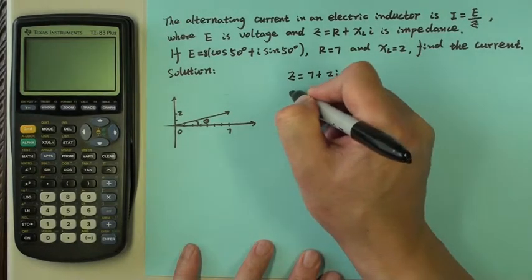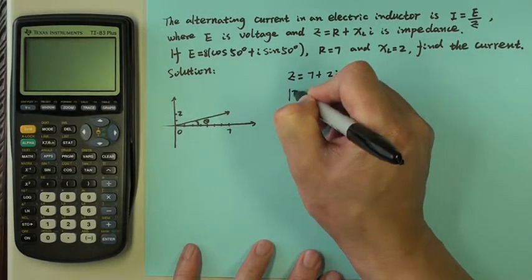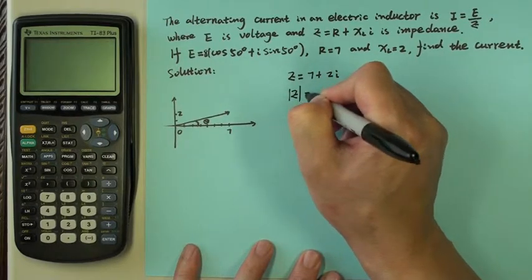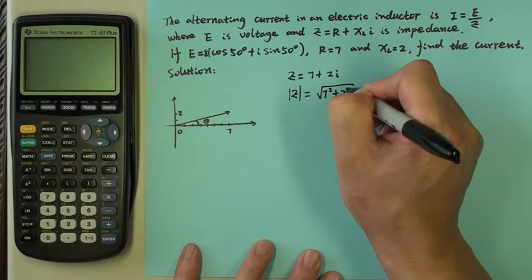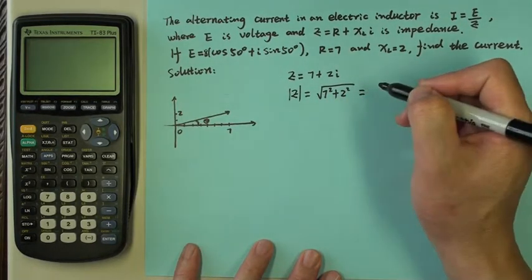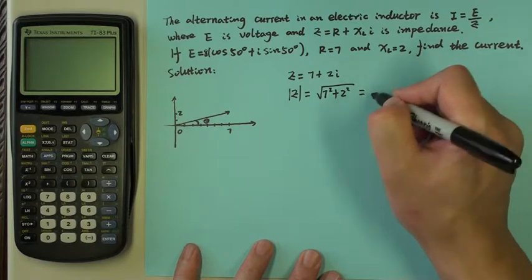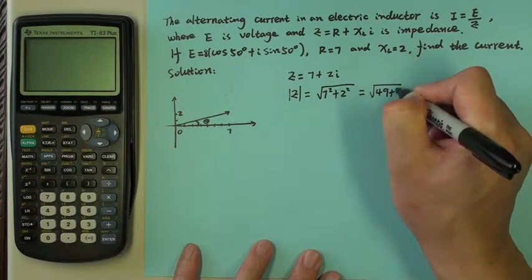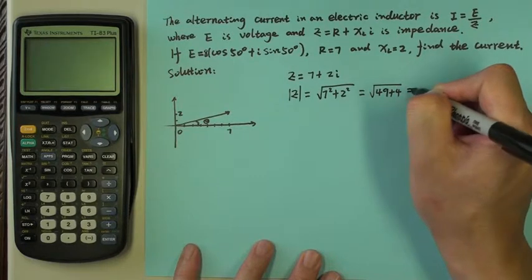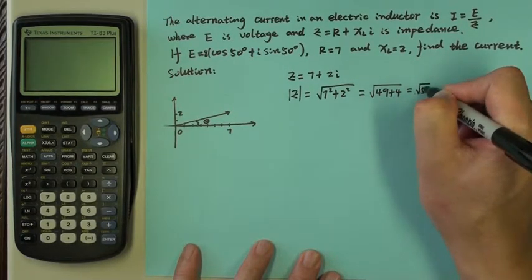The absolute value of Z is the square root of 7 squared plus 2 squared, so that will be 49 plus 4, which is radical 53.